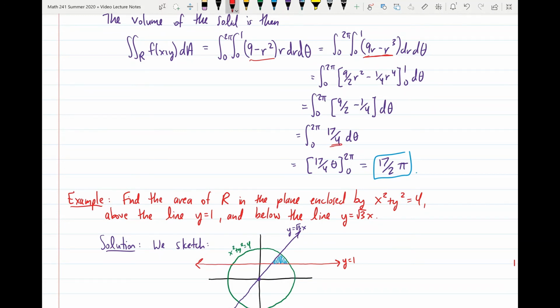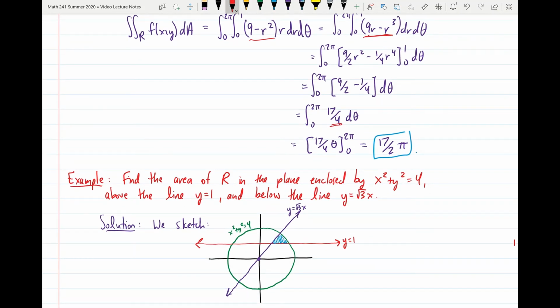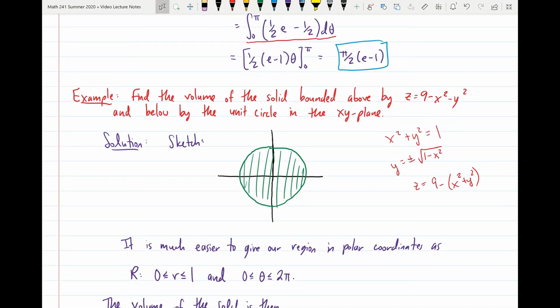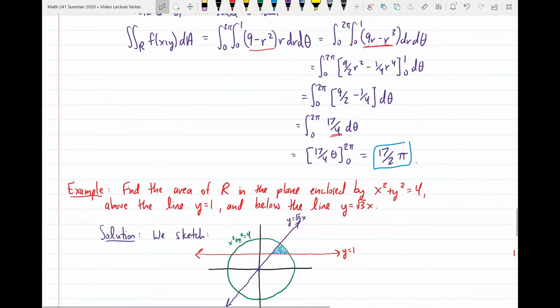And that'll give us 17 over 4 theta evaluated from 0 to 2 pi. We plug in our 2 pi and we get 17 halves pi. So that would be the volume of this solid that's bounded above by that paraboloid and below by the unit circle.